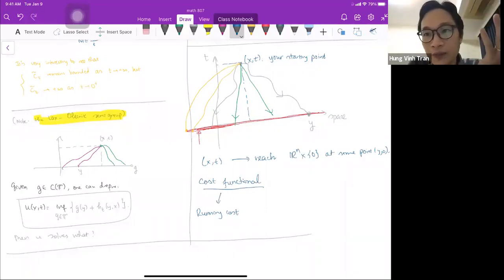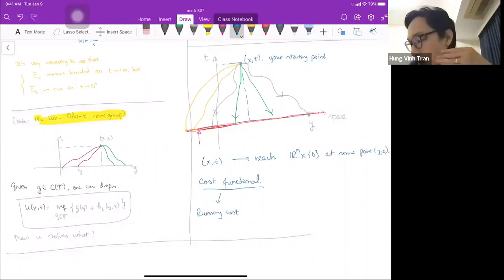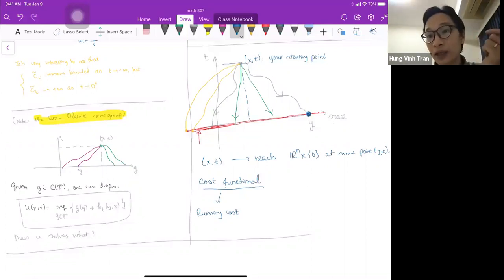And then when you get back to the destination, when you land, or when you stop at y, you also have to pay the so-called terminal cost. So you get to the terminal, you have to pay the terminal cost. The two together are going to be the total cost.